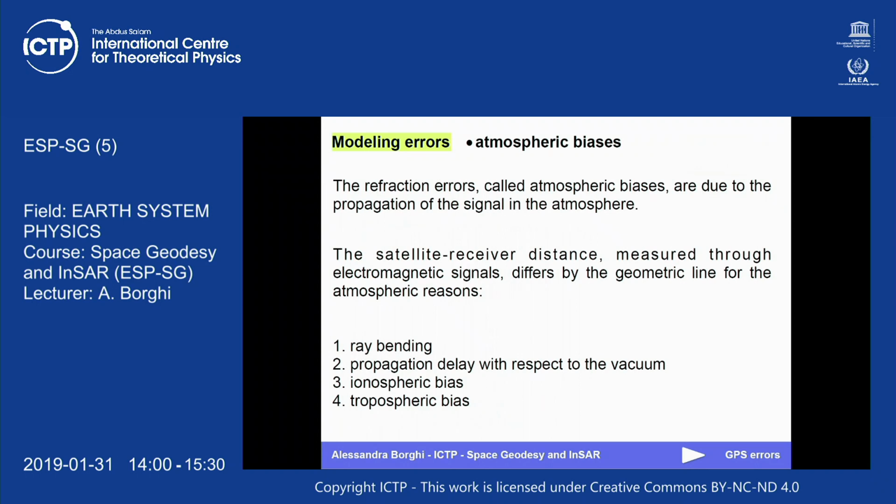The signal comes to us from satellites that are very far from us, 20,000 kilometers away, and so the signal goes through the atmosphere and through space. And we have different effects.